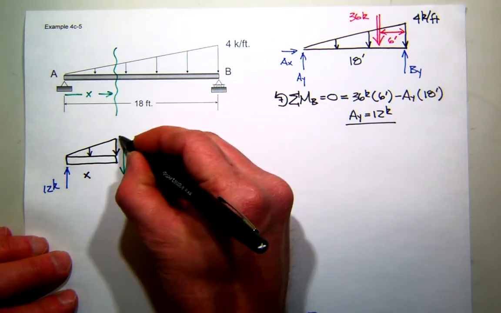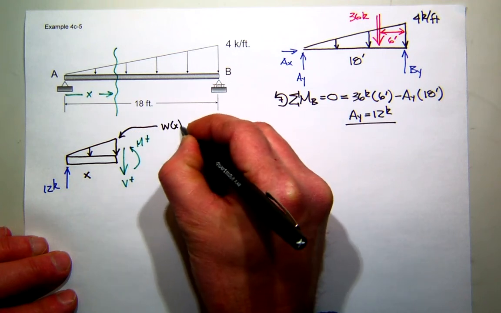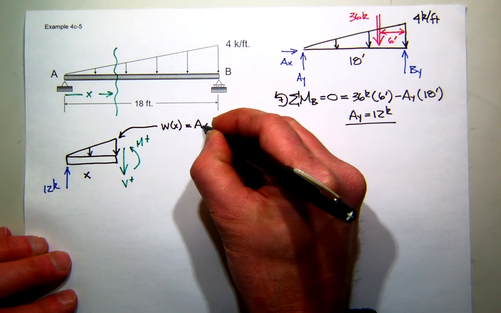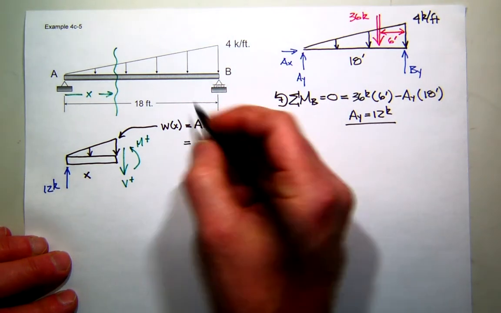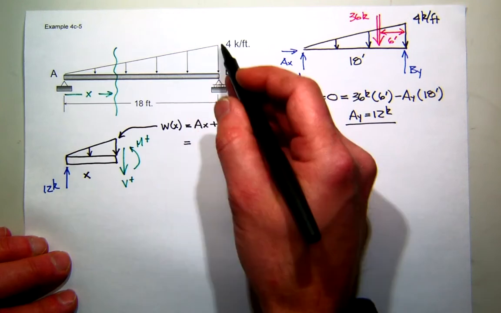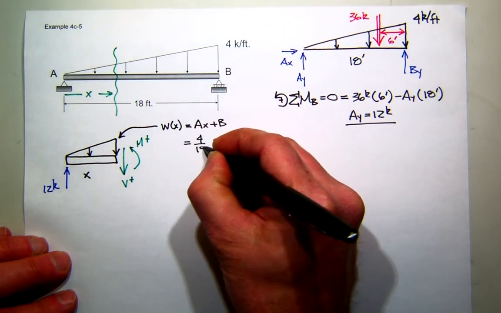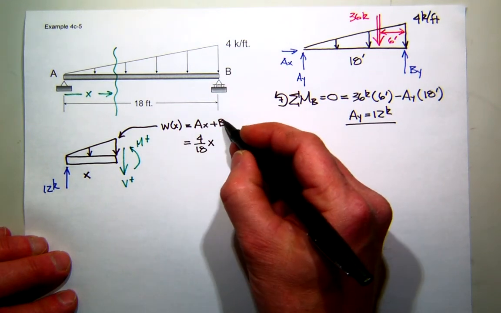Well, basically I'm going to have to write the equation for the loading. So here's my load. If you want to go back to basics, Ax plus B. So A is the slope. What's the slope of this line? Rise over run. It's 4/18, right? Times x. And then what's B? What's the intercept? 0.